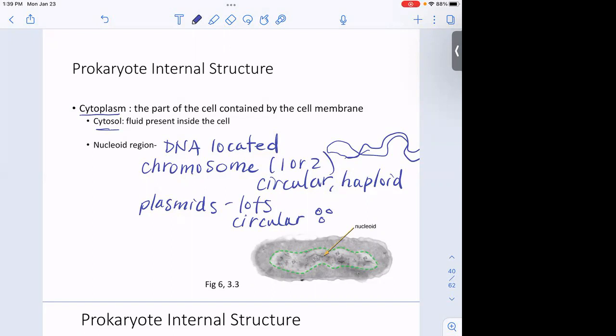All of your cell structures and important enzymes for metabolism are going to be encoded on the chromosome, and something that would help the cell survive in a particular situation, like resistance to an antibiotic, will probably be on a plasmid. But I'll give you more examples of that later when we get into our section on genetics.